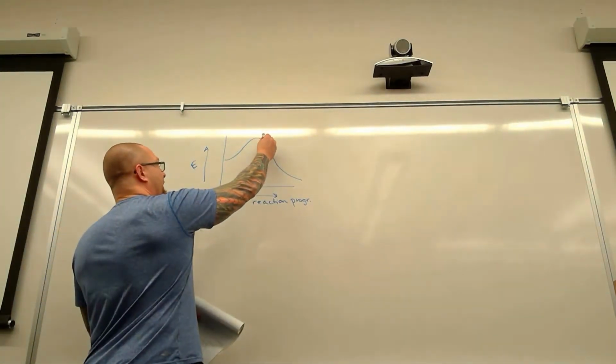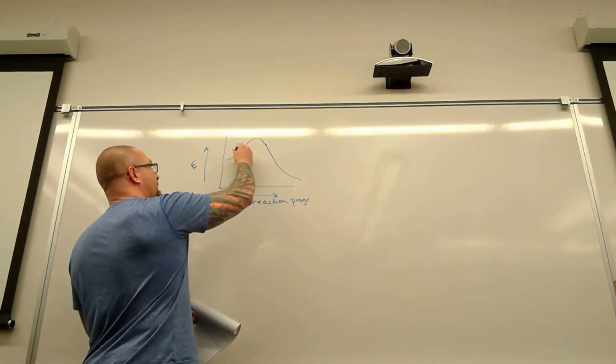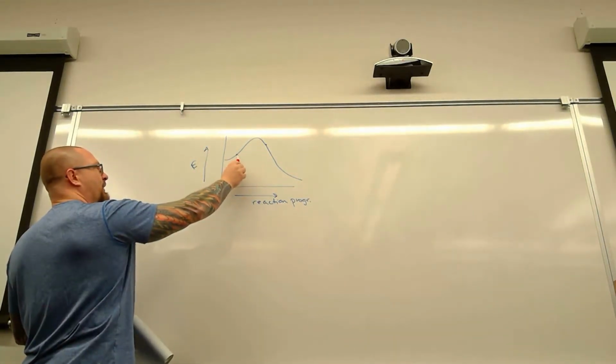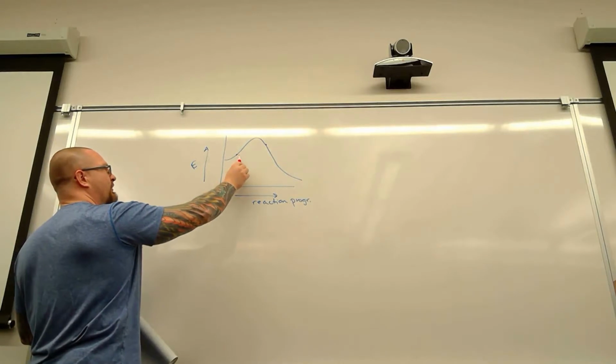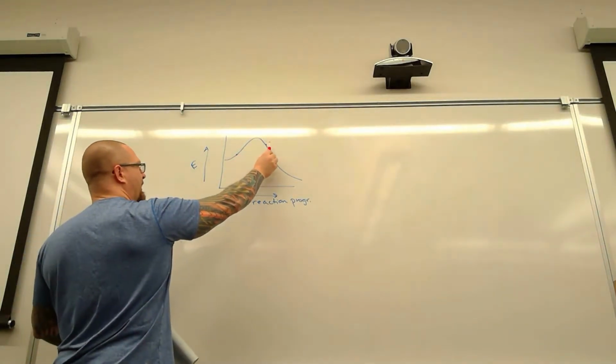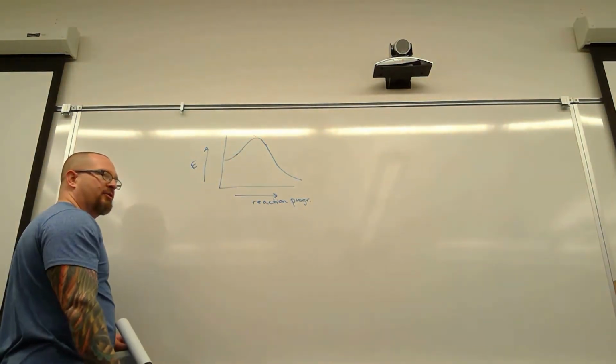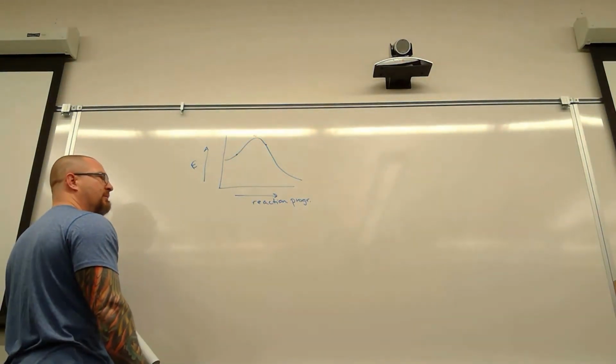So if we have two points on the curve here, the structure at this point, when it's in this state, is going to be very different than the structure over here, especially since we've gone through this high energy transition state in between.